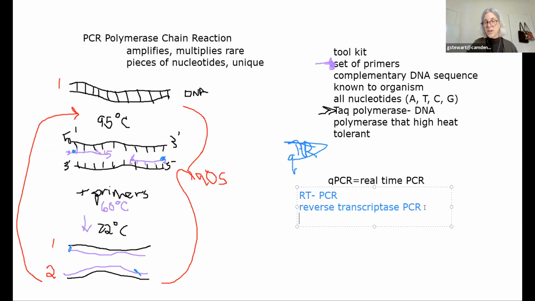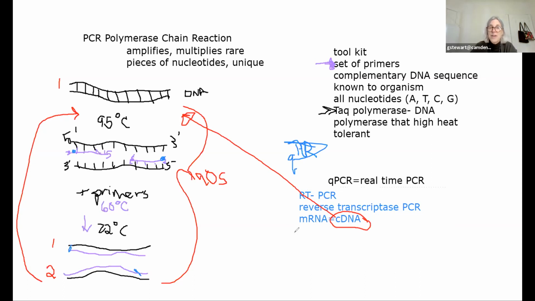That's an enzyme from HIV, actually, that can take messenger RNA and transcribe it into DNA, double-stranded. We call it complementary DNA because in humans it will be missing all the introns, so it's just the coding region. And this complementary DNA, we can then put into a PCR reaction like that, right?